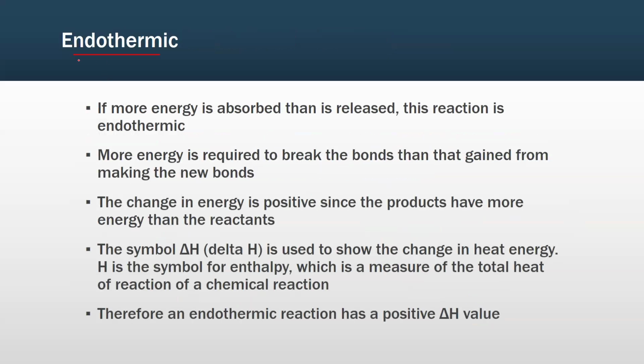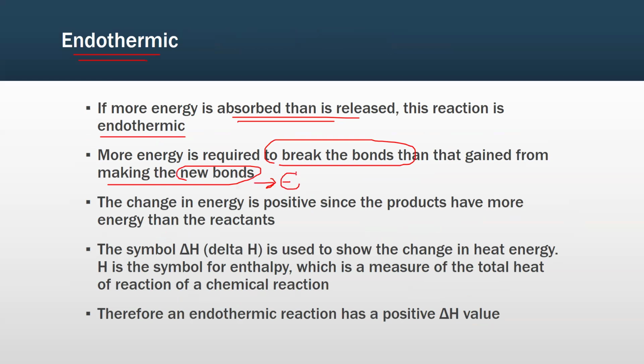Looking at endothermic, if more energy is absorbed than it is released, the reaction would be endothermic. More energy is required to break the bonds than it is gained from making new bonds. Because making new bonds is exothermic, breaking the bonds is endothermic. So when more energy would be required to break the bonds than gained from making the new bonds, what will this reaction be? Endothermic. And what will be its opposite?